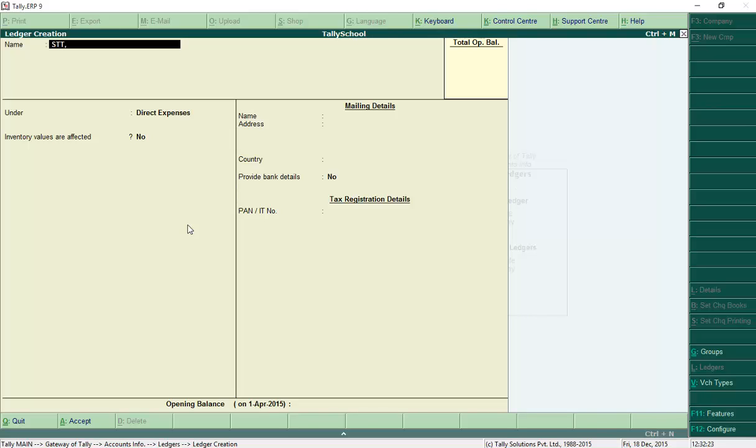So STT, service tax and other charges account.